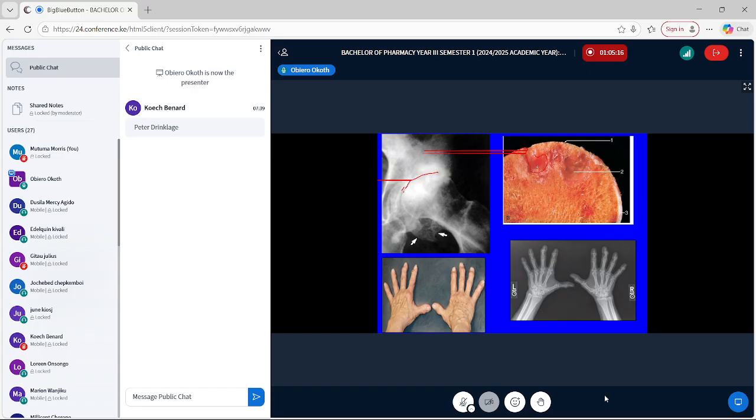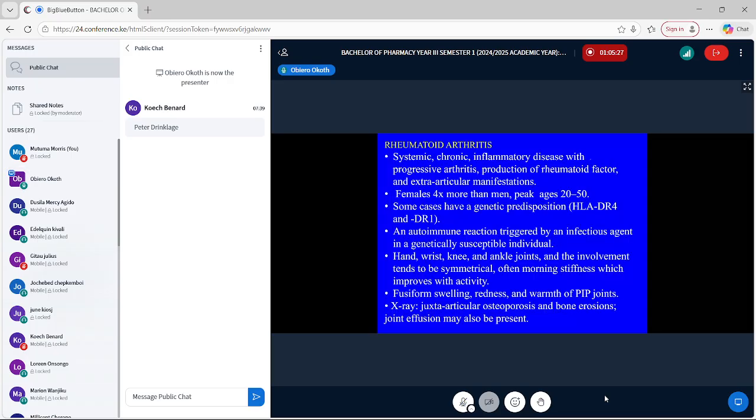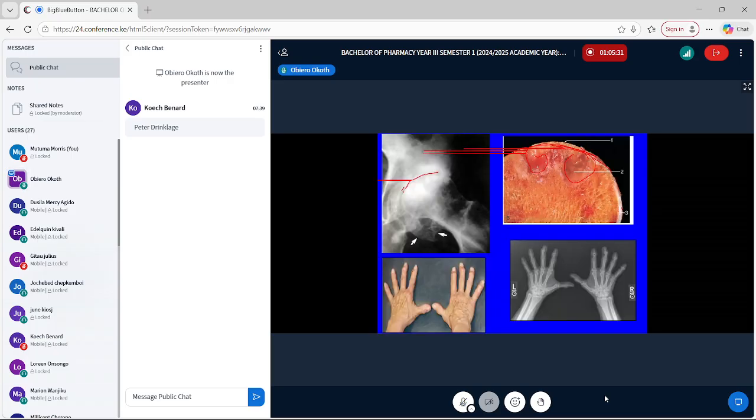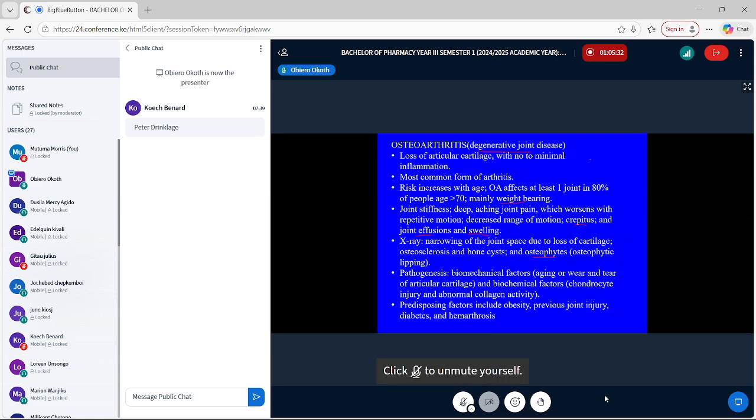It's another bone system. This is the normal articular cartilage. Okay? That is osteoarthritis.